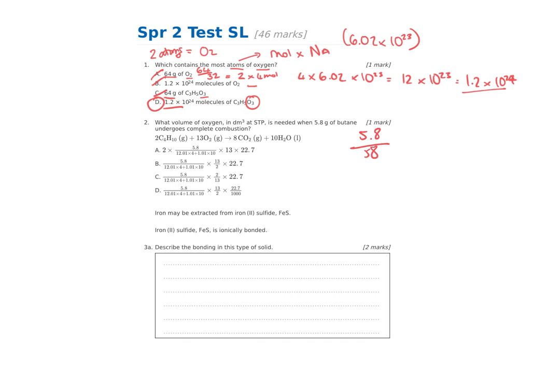And they usually give you numbers like that so that you can work it out pretty easily without the need of something like a calculator.